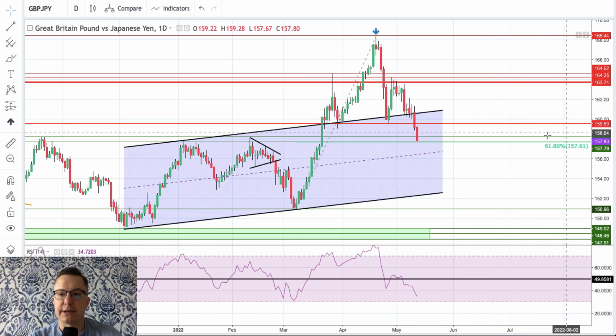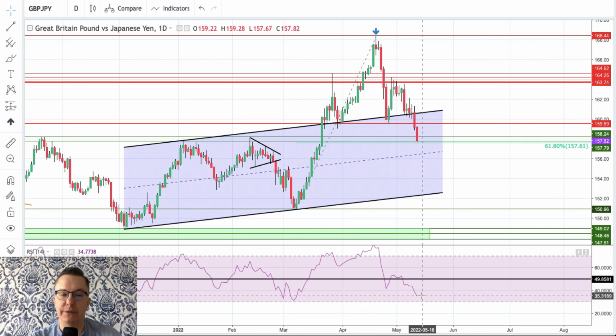The first immediate technical resistance is seen at 159.59, so we need to break above this level in order to bounce higher towards 163.74 and 164.62.